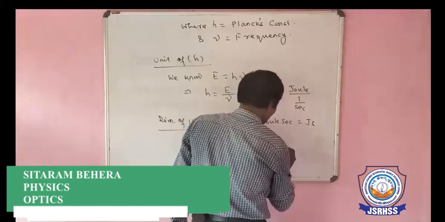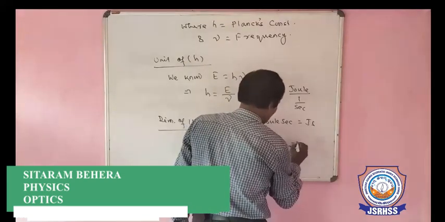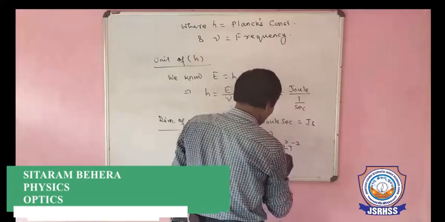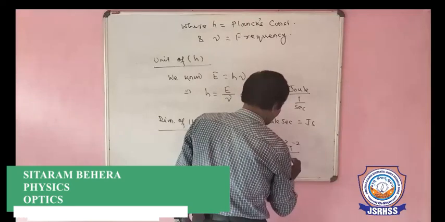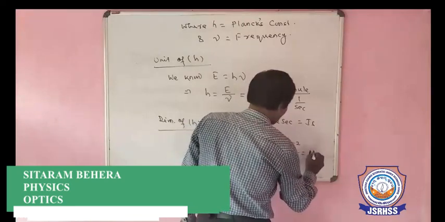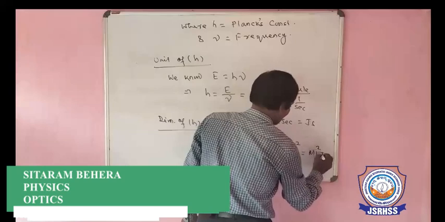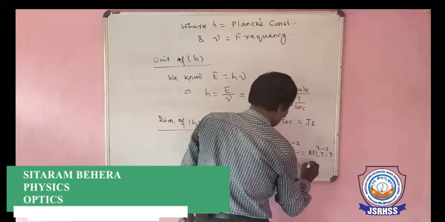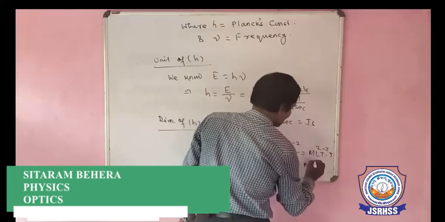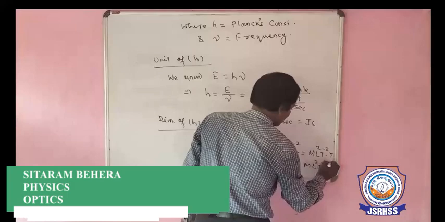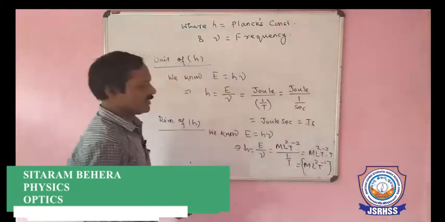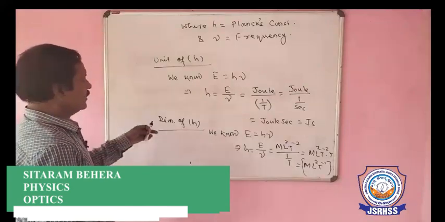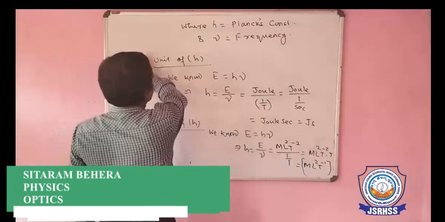F means force, M L T to the power minus 2, into displacement. So M L squared T to the power minus 2, frequency 1 by T. That is M L squared T minus 2 into T. That is M L squared T minus 1. So this is the unit of h and this is the dimension of h.